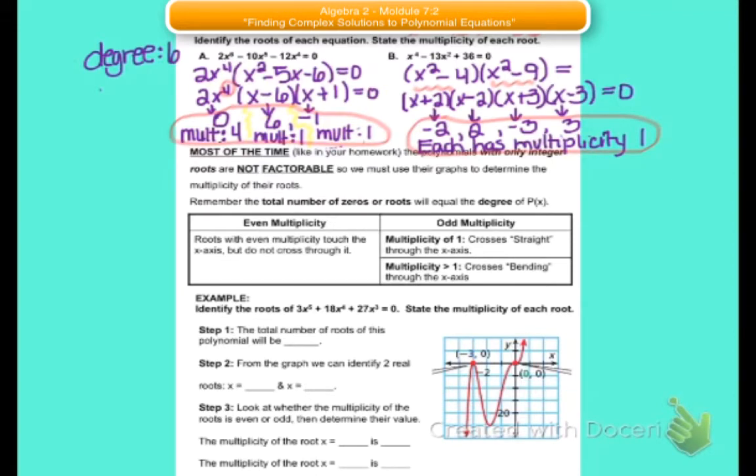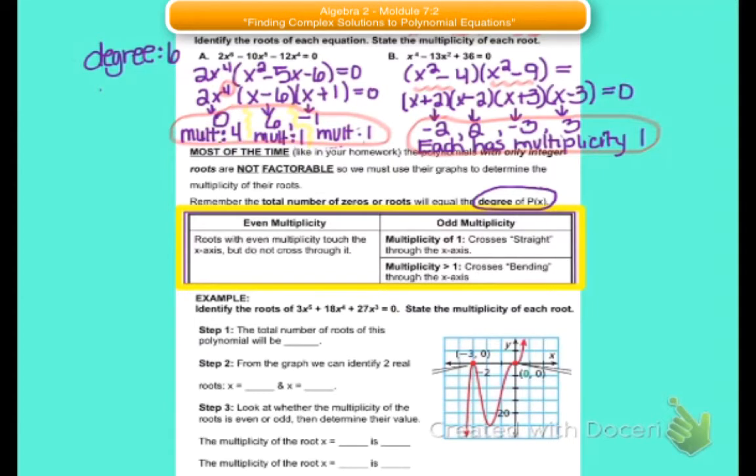And so we must use their graphs instead to determine the multiplicity of roots. So this little table gives a summary of how we can tell from a graph what the multiplicity of each of the roots must be. And of course, you want to keep in mind that the total number of zeros or roots will always equal the degree of the polynomial.